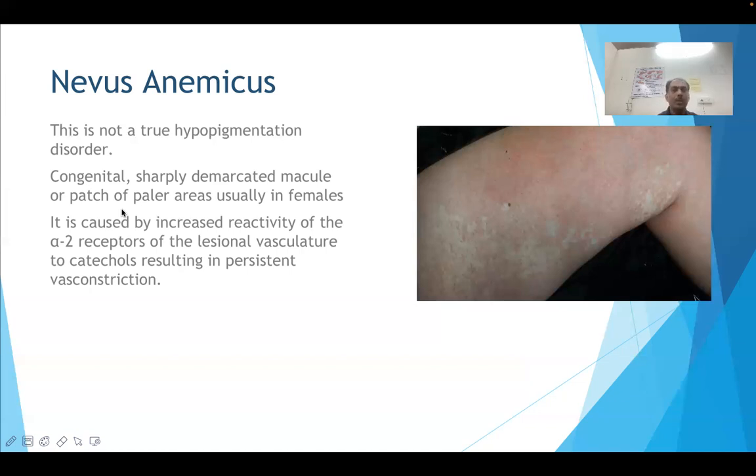This is because the blood vessels are compressed by the slide, resulting in an ischemic response in the surrounding skin as well. The cause is increased reactivity of the alpha-2 receptors of the vasculature to catechols, resulting in persistent vasoconstriction.